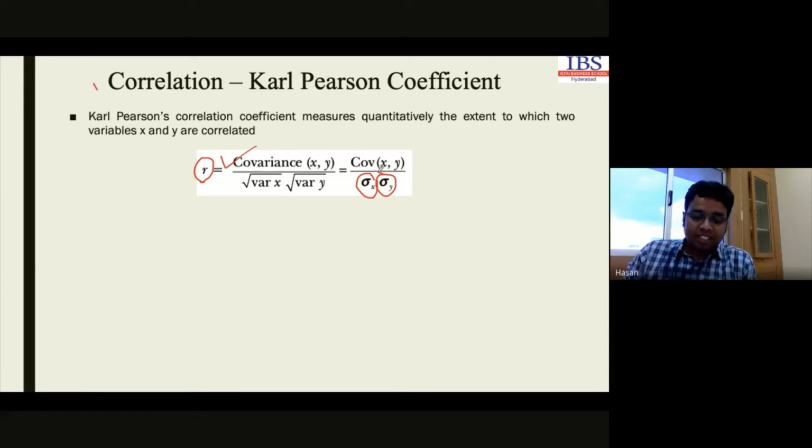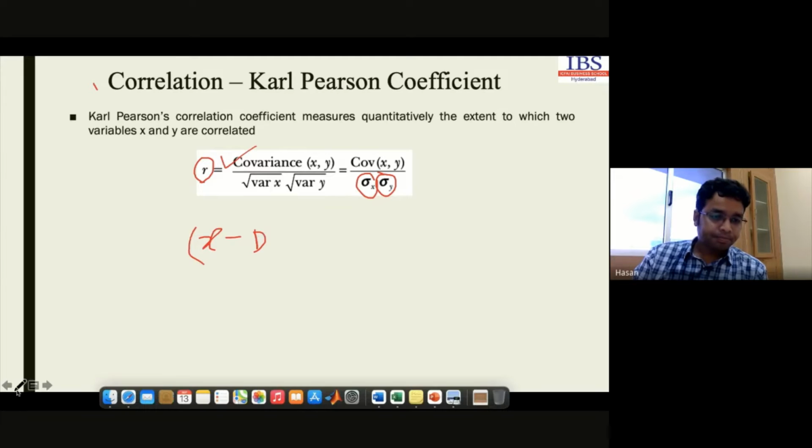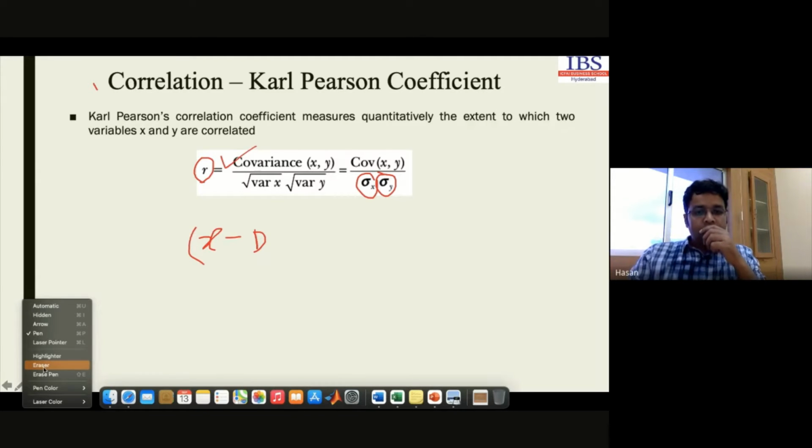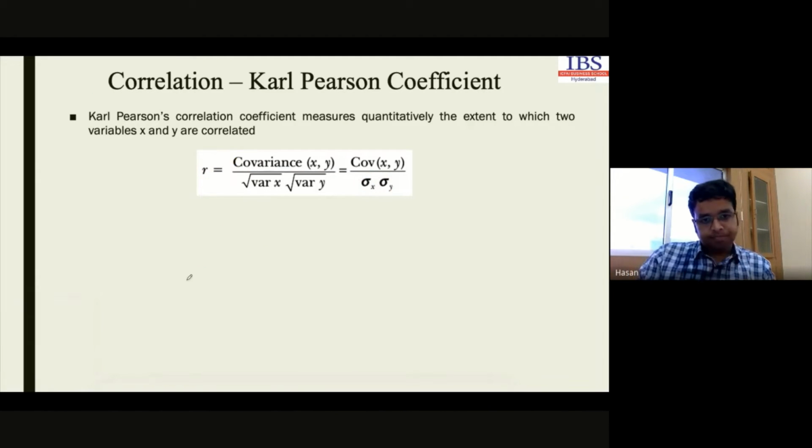We have already observed these things. In calculating the standard deviations, first of all, we have to take the deviation. This is our x value minus x bar. It will give the deviation.